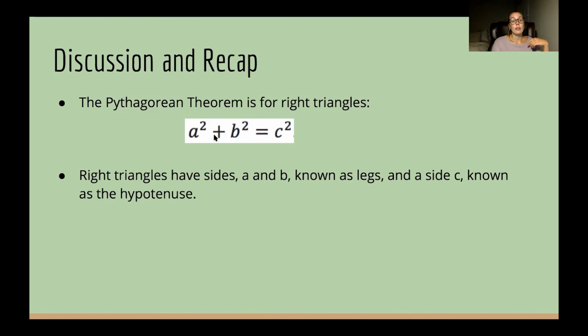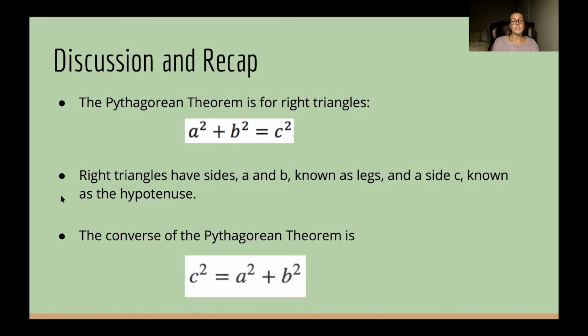You can flip-flop these two, B plus A or A plus B, but this C, this hypotenuse, can never be switched around with a different number. So right triangles have sides A and B, known as legs, and a side C, known as the hypotenuse. And we know the hypotenuse is always going to be the longest side, and it's always going to be diagonal of the 90-degree angle.